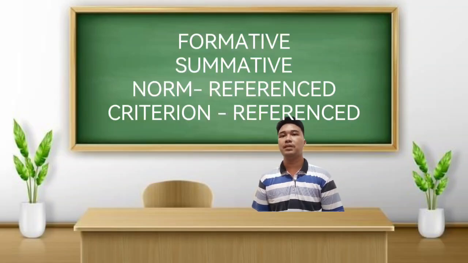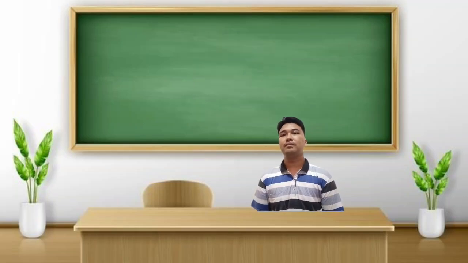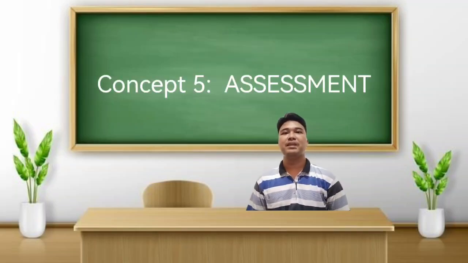Evaluation can be formative, or ongoing to improve learning, or summative, at the end to assess overall achievement. It can also be norm referenced, comparing students to each other, or criterion referenced, comparing students to a set of standards.